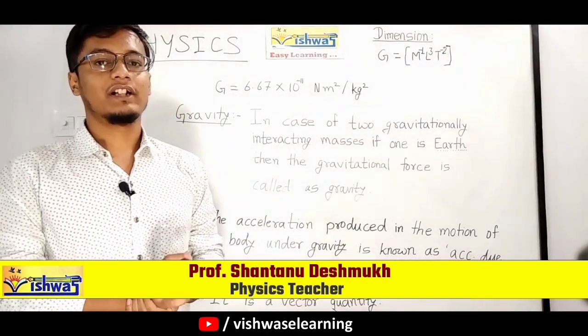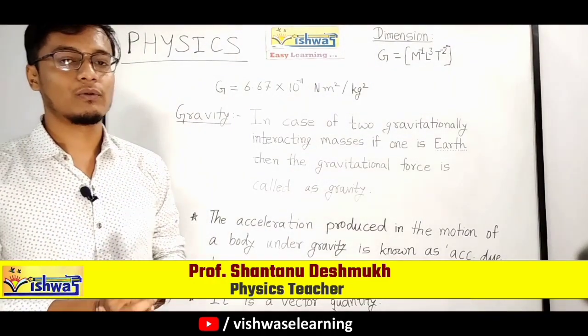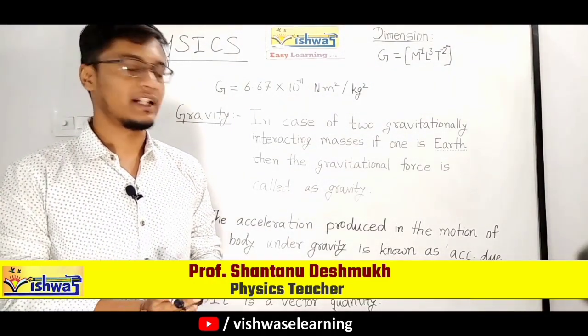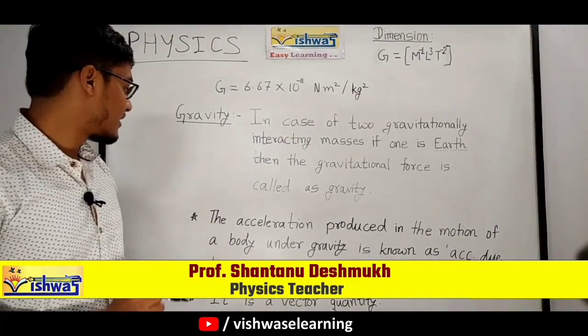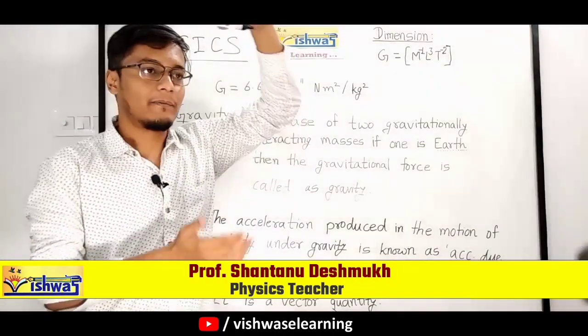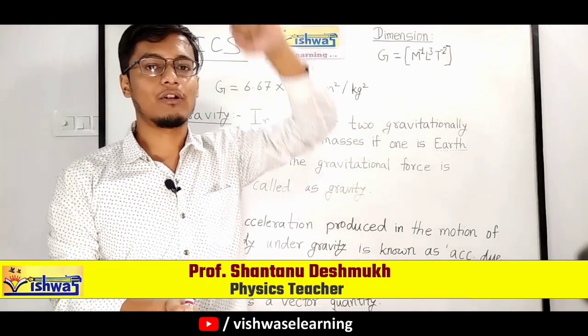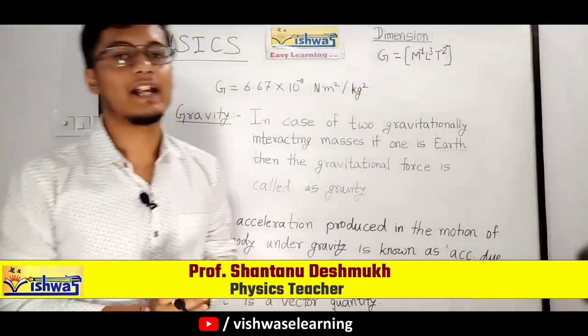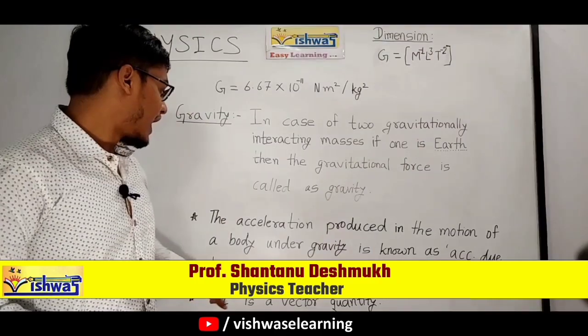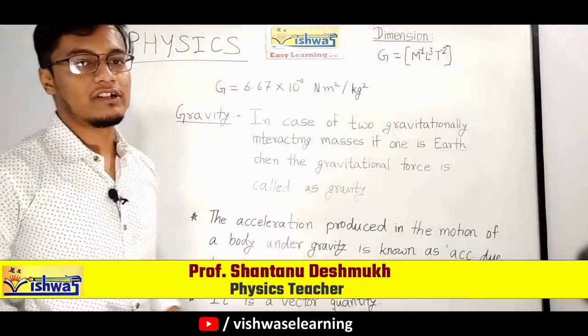How is it possible? It is because of acceleration due to gravity. When this pen falls down, it has some kind of motion, and that motion is known as acceleration due to gravity, denoted by small g.